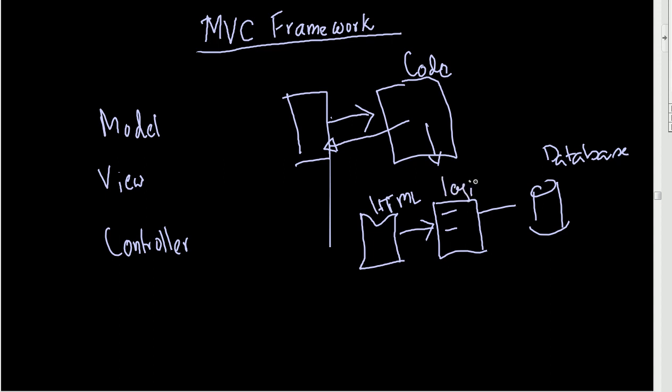I'm not sure if this is the right way of drawing these three boxes, but let's say you have an example where you are displaying an address book. Now there is an address table, and the address table has, let's say, department, employee name and address.